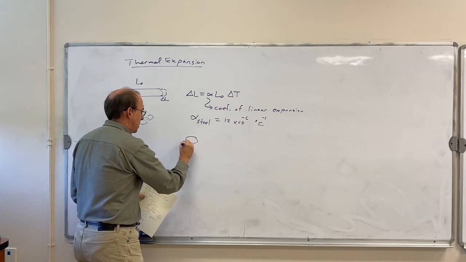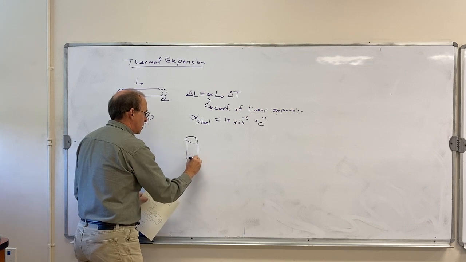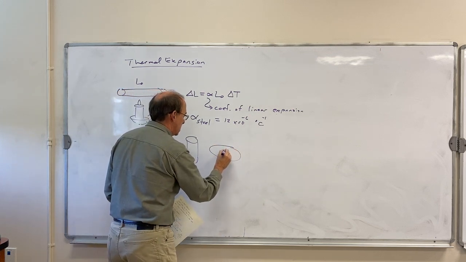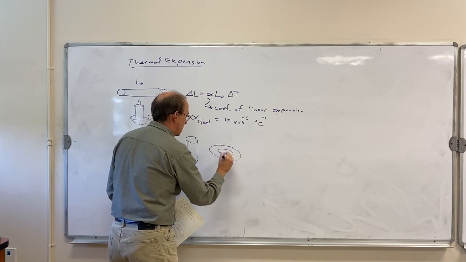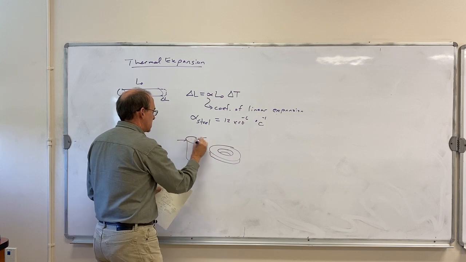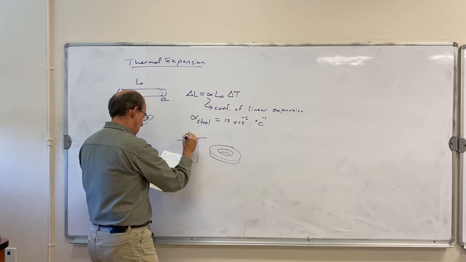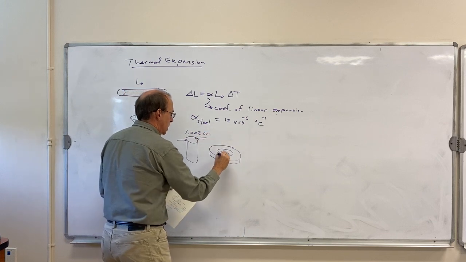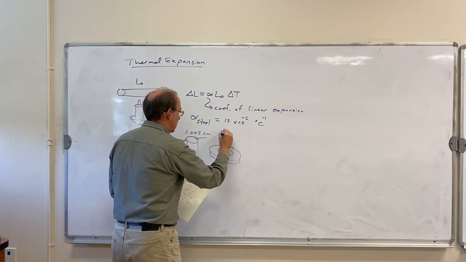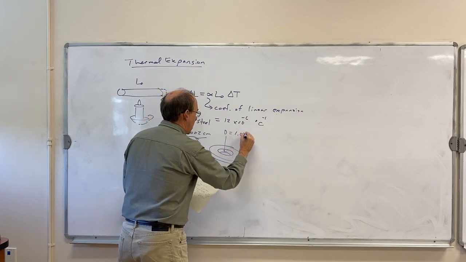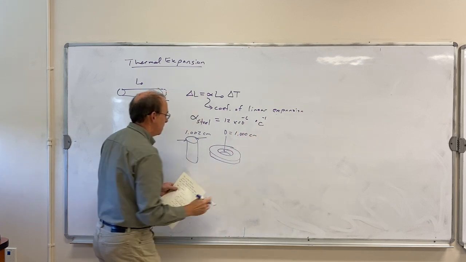So let's do a quick example. Suppose I have a rod of steel and a ring of steel that I want to put over that rod. The rod has a diameter of 1.002 centimeters, and the inner diameter of the ring is 1.00 centimeters.